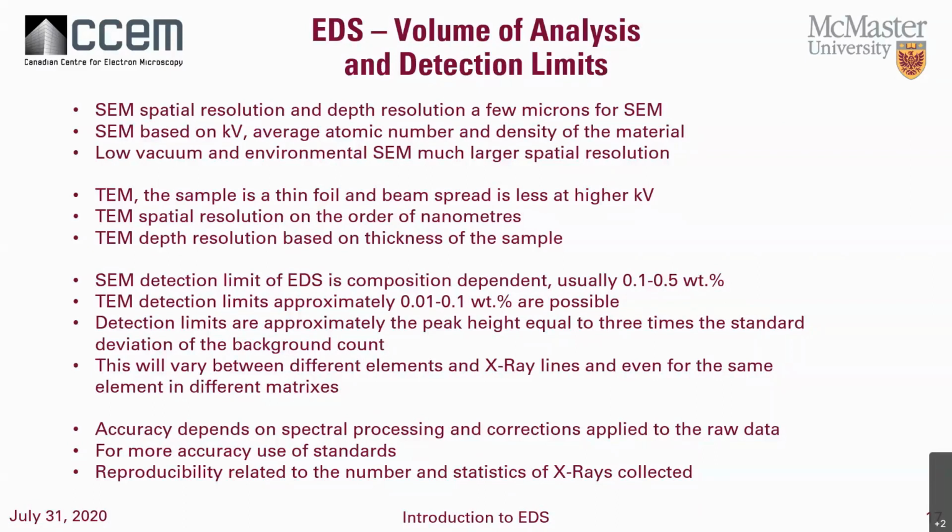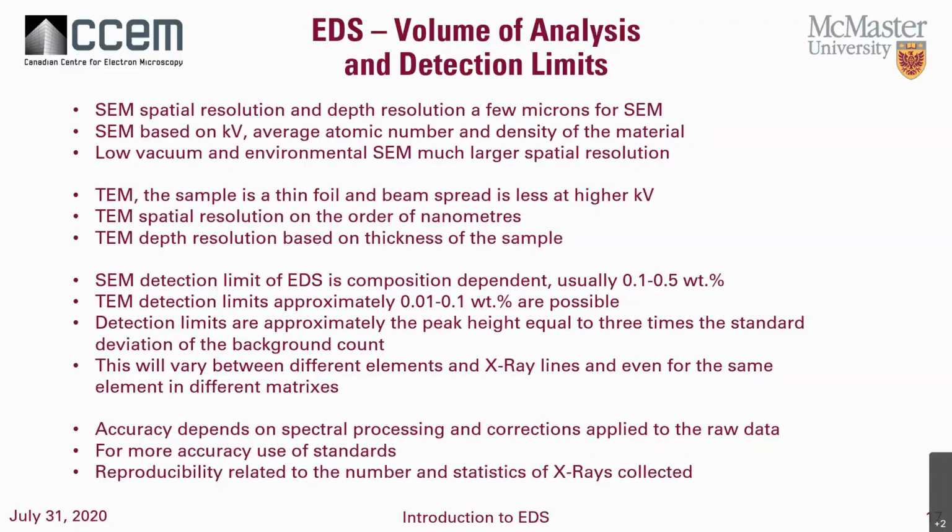With SEM, you're usually looking at spatial resolutions and depth resolutions from, with high atomic number materials, maybe down to 0.2 microns up to a few microns, but usually it's never more than 10 microns in most cases. So it's usually on average a few microns.